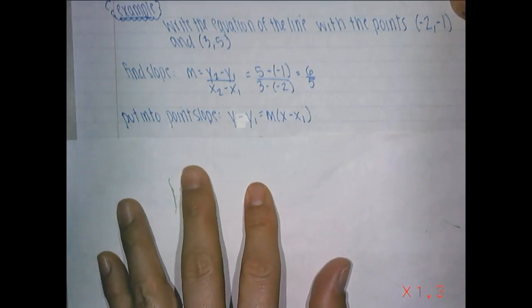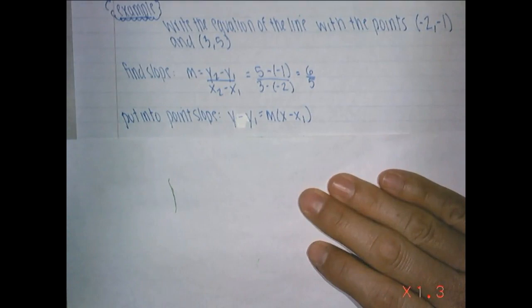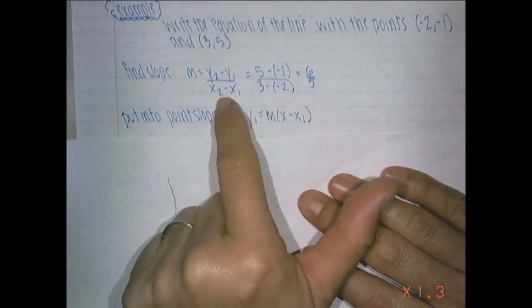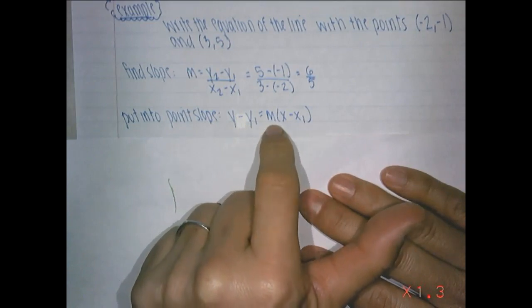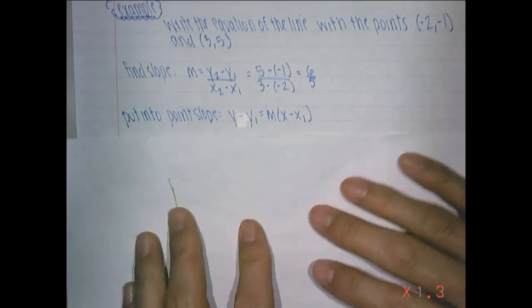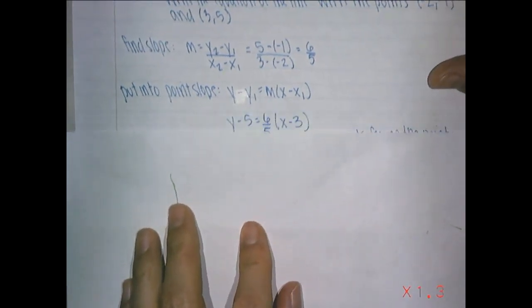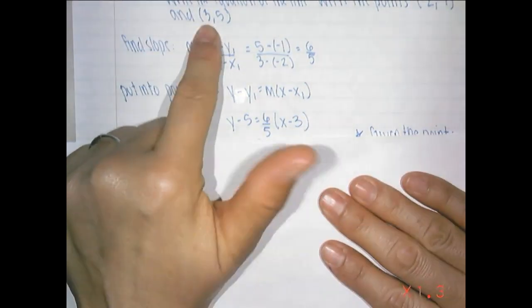And now I'm going to put it into point slope form. So here's my equation for point slope. Y minus y sub 1 equals m, your slope, times x minus x sub 1. Alright, so I went ahead and chose this point to plug in.